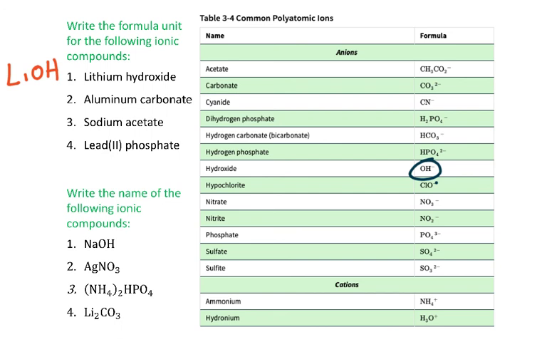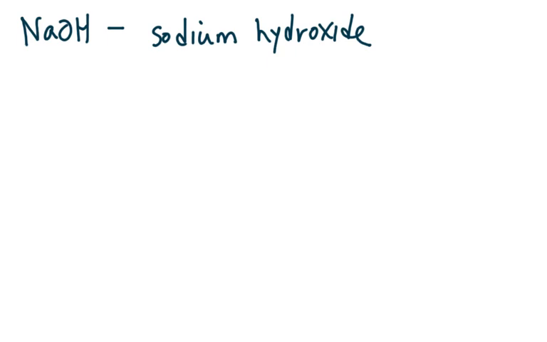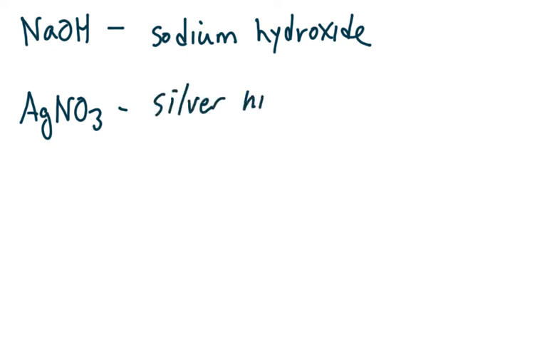AgNO3. Okay, NO3, you can find here is nitrate. And Ag is silver. And silver always takes a +1 charge. So we don't need anything else in the name.